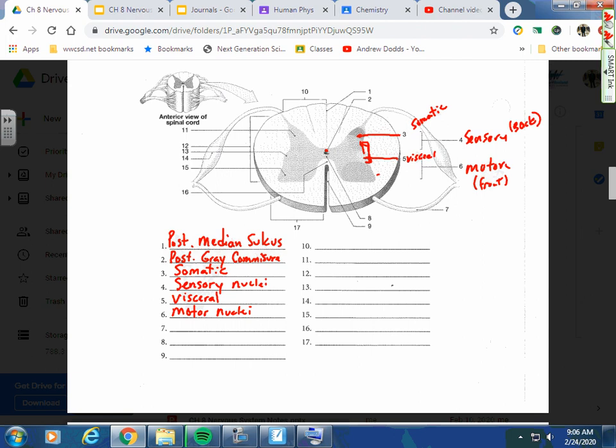Number seven is going to be the ventral root. So that's here. The message coming out here, ventral root. Eight is going to be the anterior gray commissure. So just like the posterior, but this one's in front. Number 9 is anterior median fissure.